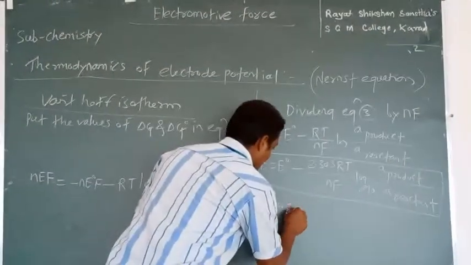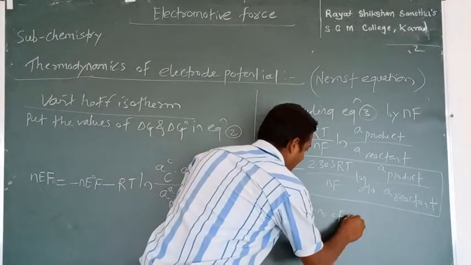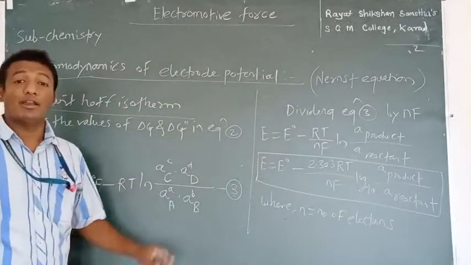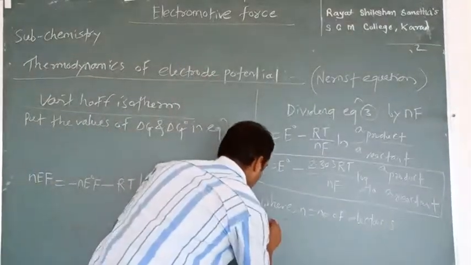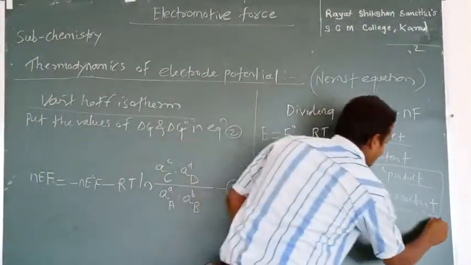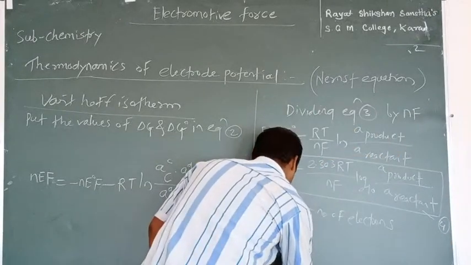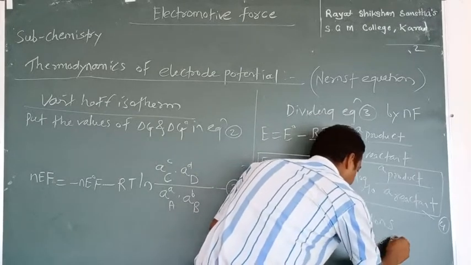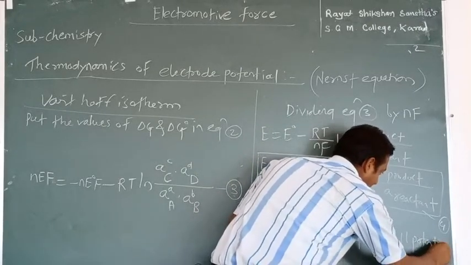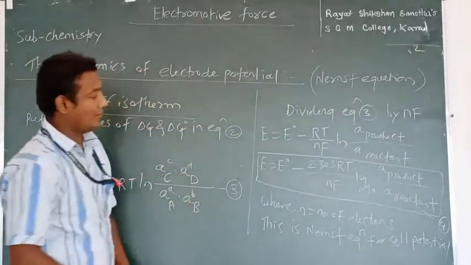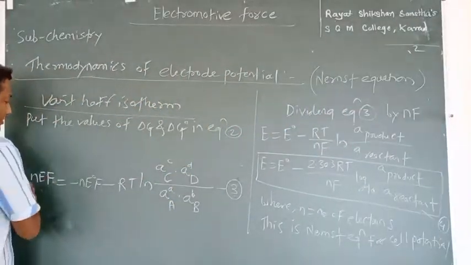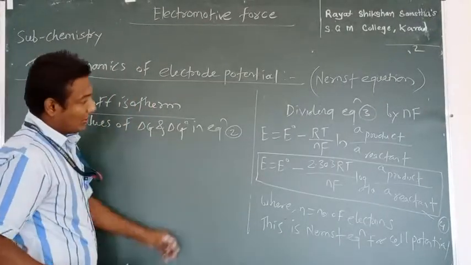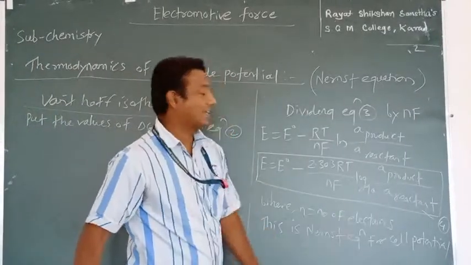Where n is the number of electrons. This is the Nernst equation for cell potential. You can call it equation 4. For cell potential, very important. What is n? Number of electrons.